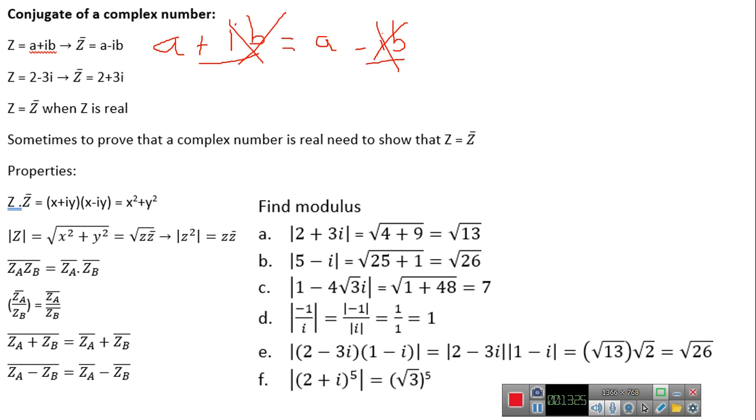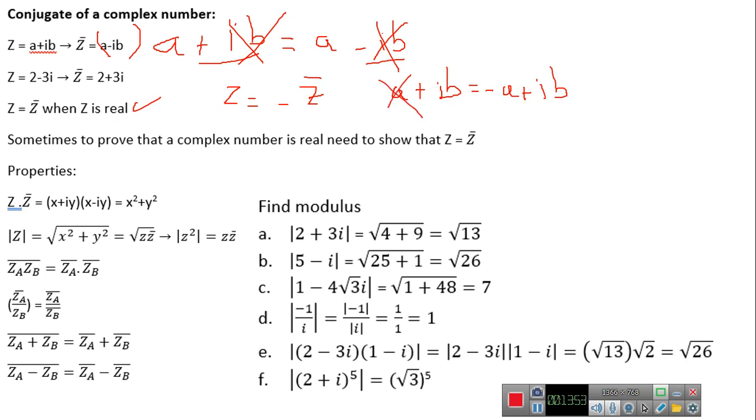If a plus ib was equal to a minus ib, here you have plus ib and minus ib. If they are equal, it means I don't have an imaginary part. So that's why if you prove that Z equals Z bar, we are showing that Z is real.